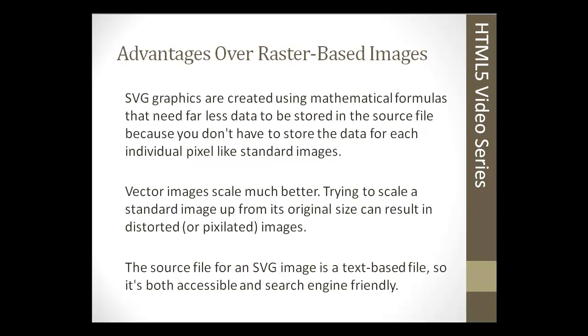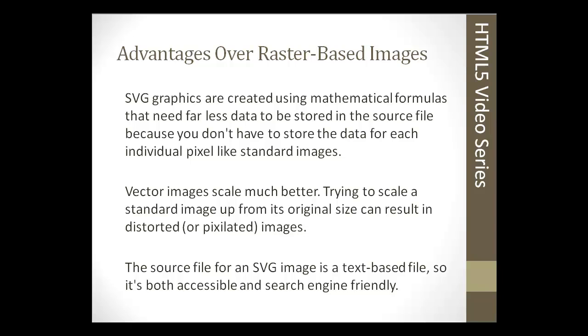Now, like I said, there is a big advantage over raster-based images, which are just your standard JPEG, PNG, standard images. The biggest being that if you scale a standard image up from its original size, it will distort, it will get pixelated. Vector graphics can be resized and will keep their look, they'll keep that quality.